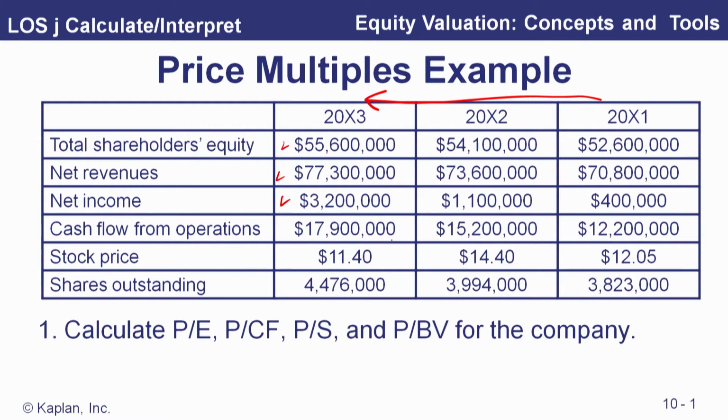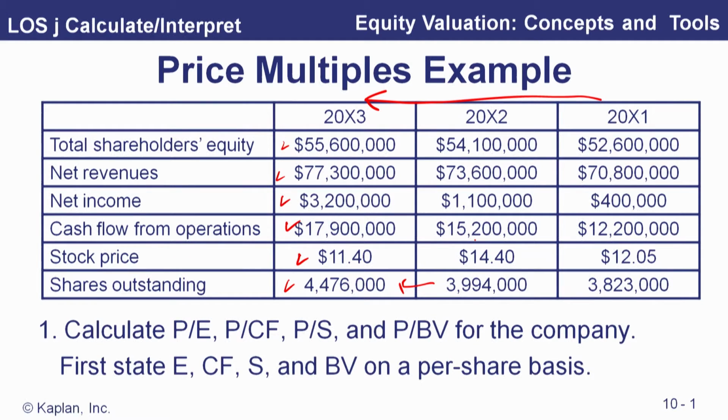It looks like cash flow from operations is up, stock price is down, and shares outstanding have grown somewhat, about 10% here in this year. So we should calculate the PE, price to cash flow, price to sales, and price to book value for the company.